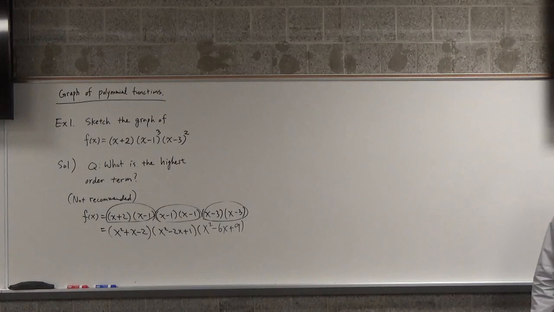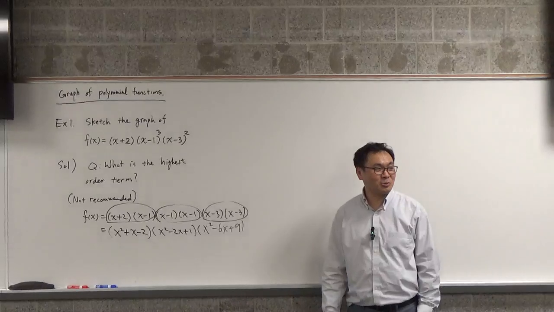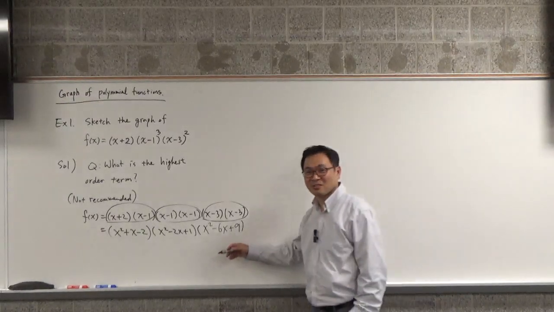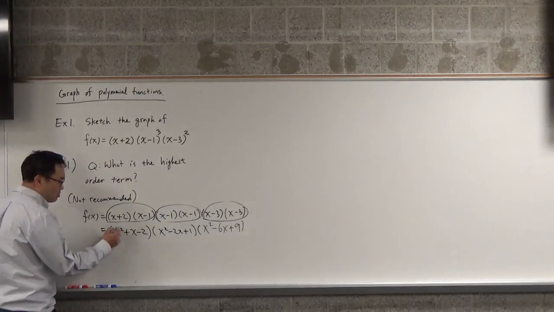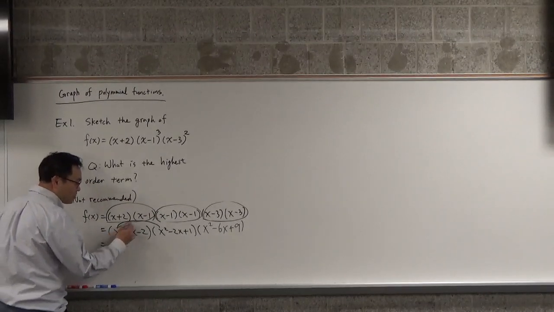Okay, you see where I'm going with this, right? Now, this is something that we shouldn't do. You see right away, it's going to be horrendous, right? What will we do next? We multiply x squared times x squared, x to the fourth.